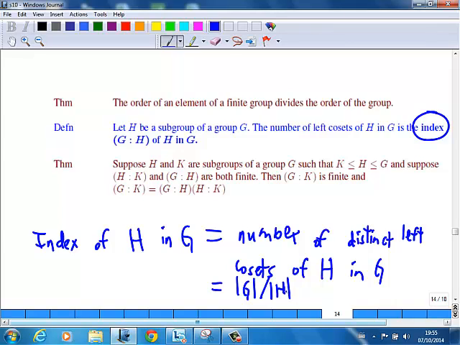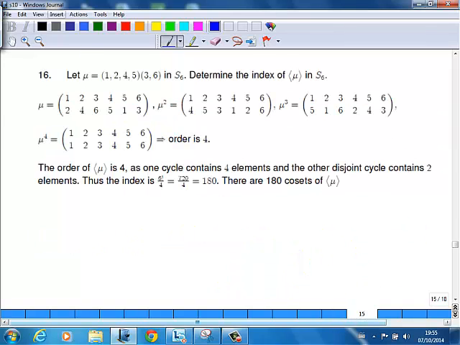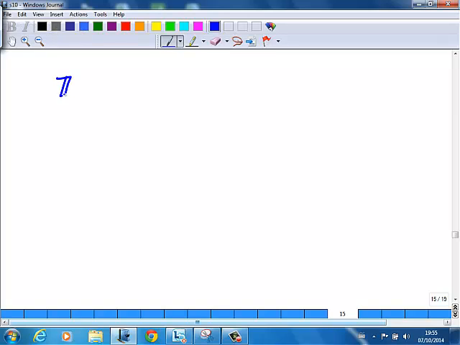Just now I gave you 2 examples about how many distinct left cosets. Let's try to verify whether this is true. Remember, in the beginning, Z6 is a group, H is a subgroup {0, 2, 4}. What is the index of H? How many distinct left cosets are there?